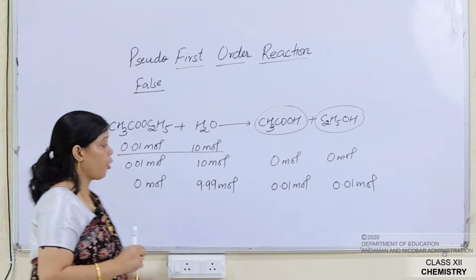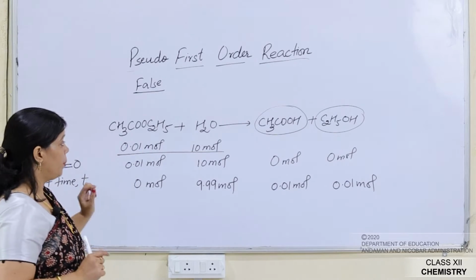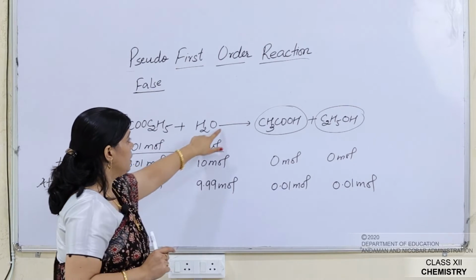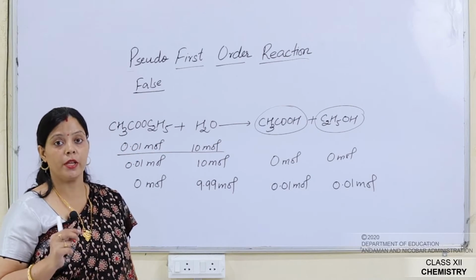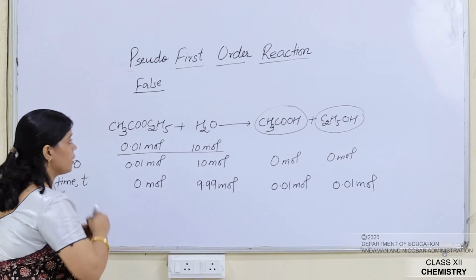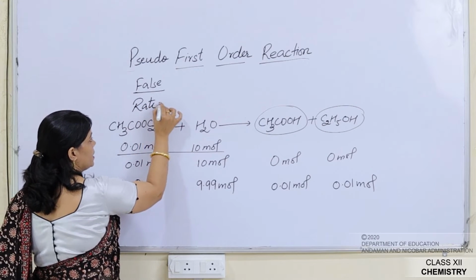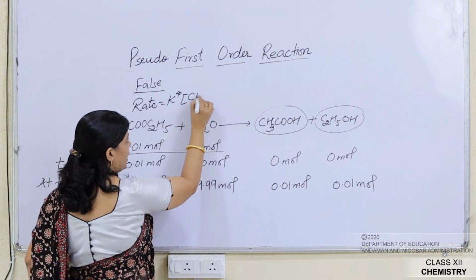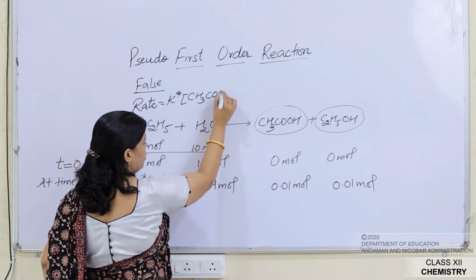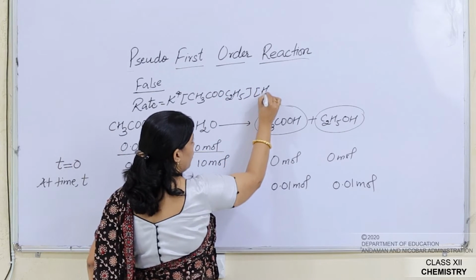So students, from seeing this equation, it is a bimolecular reaction, but in this reaction the concentration of H2O does not change too much during the course of the reaction. So for this reaction, how can we write the rate equation? The rate is equal to, first we write, K star, concentration of ethyl acetate CH3COOC2H5 and the concentration of water.